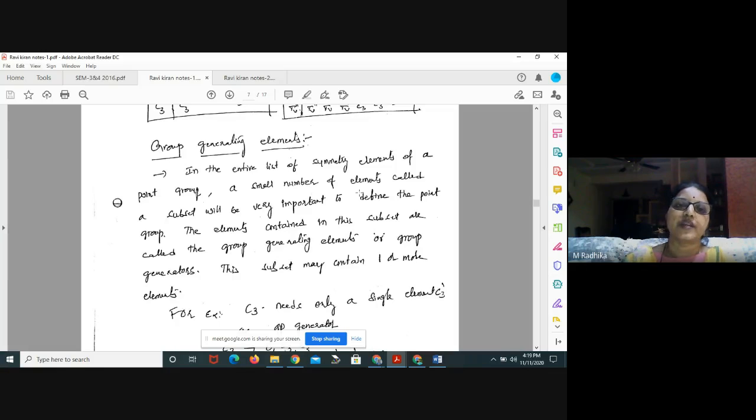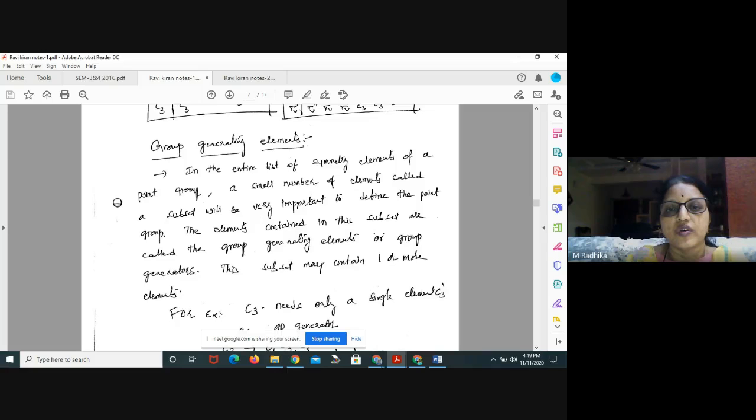In this group there will be a subset. If you take the whole group as one set, then you will have one more small set of elements, a small number of elements which are very important or which define the whole group. With the help of that, you can develop the whole group.